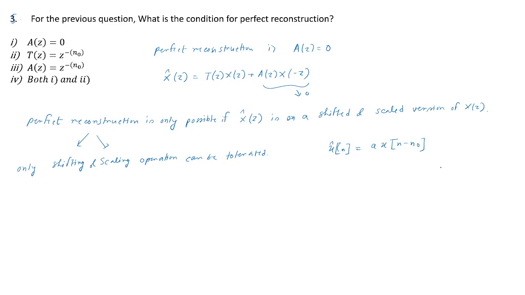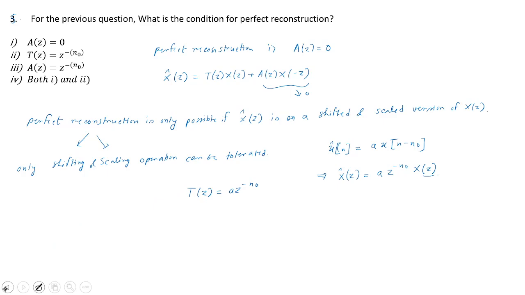In the z transform, we take the z transform on both sides, it becomes X hat of z equals a z^{-n0} X(z). So your transfer function should be of this form only, a z^{-n0}.